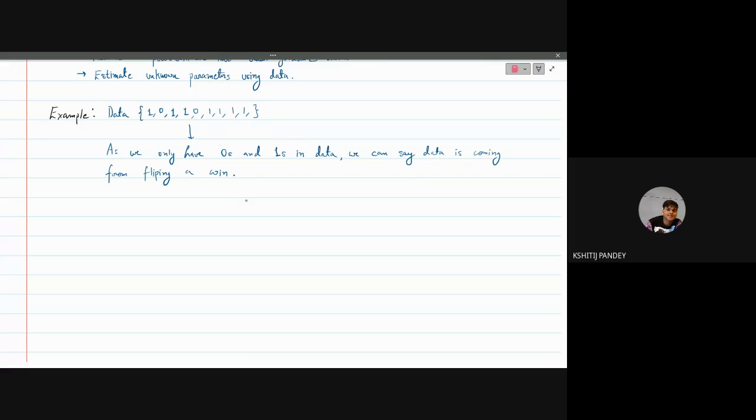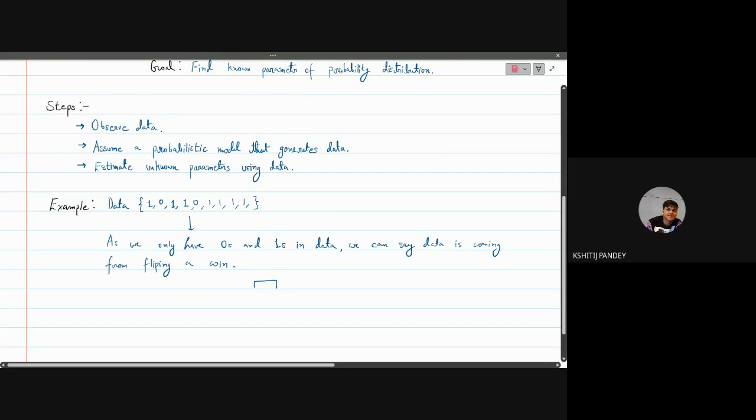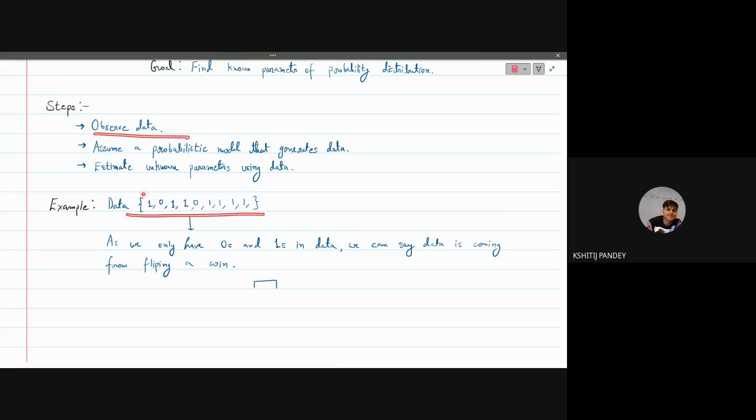Okay. Well, now what's the second step? So by that I mean, what's the third step? The first step is to observe the data. After that, based on the data, we have a probabilistic model, and here the probabilistic model is flipping a coin.